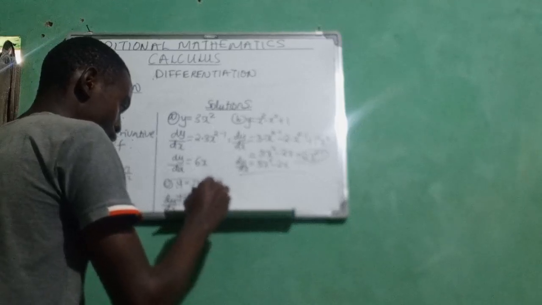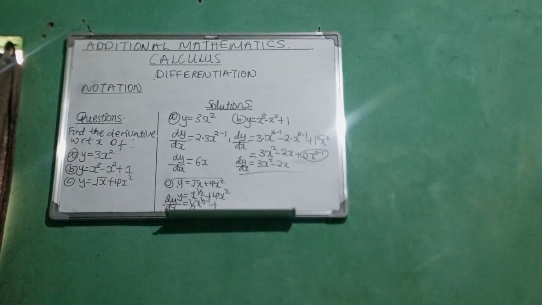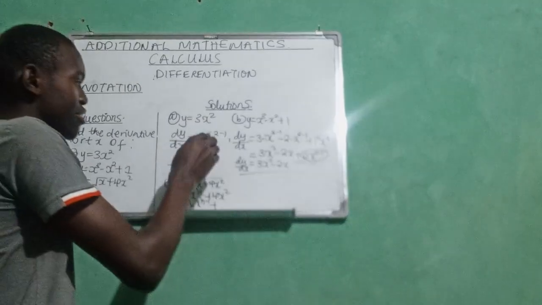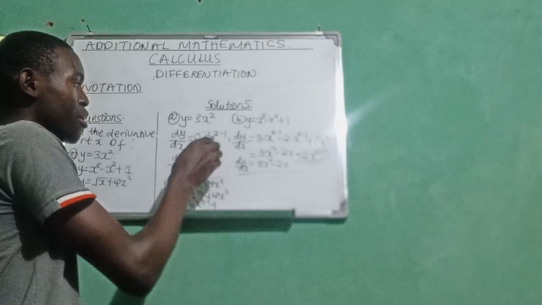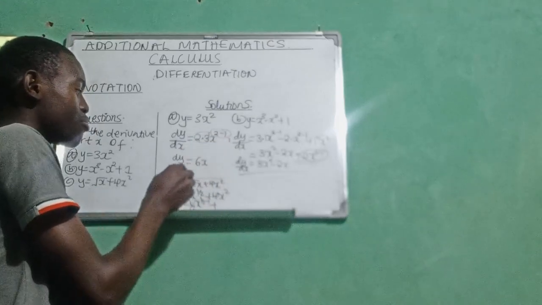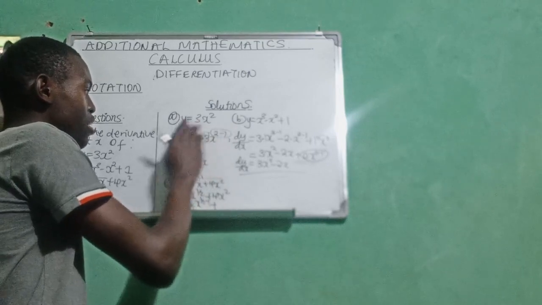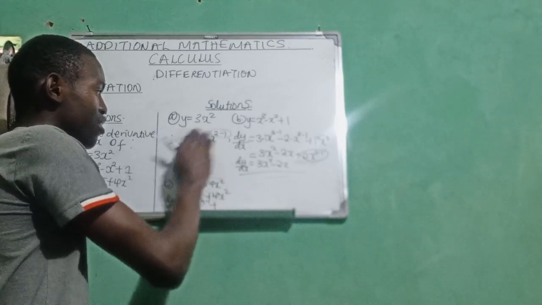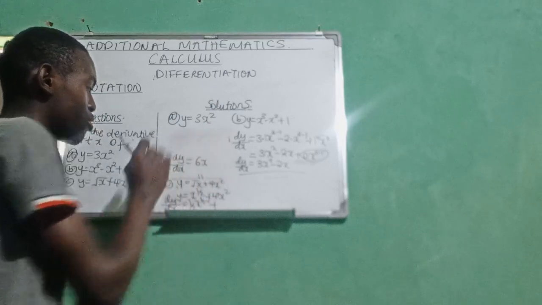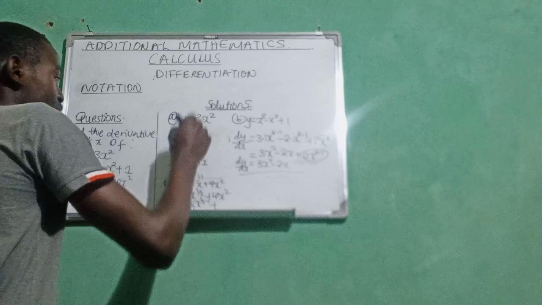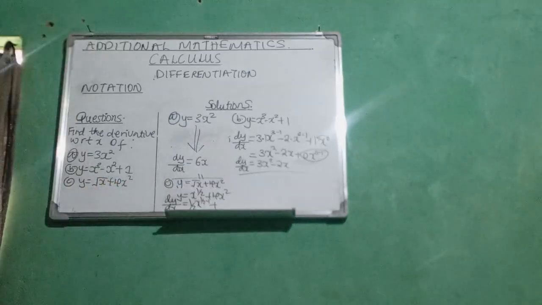plus, so you need to get used to this. When we're differentiating, we don't write like this. We skip this step and we just write the answer. So when we're finding dy dx of this, you just say dy dx is equal to 6x.